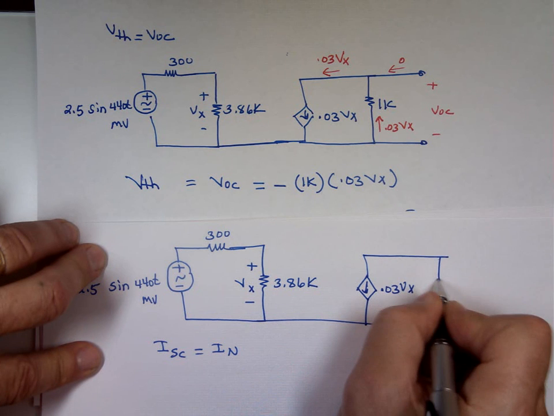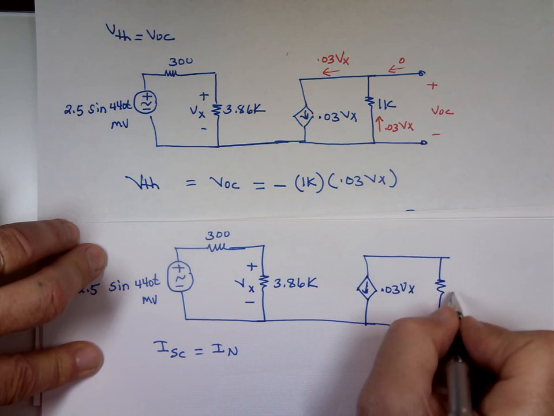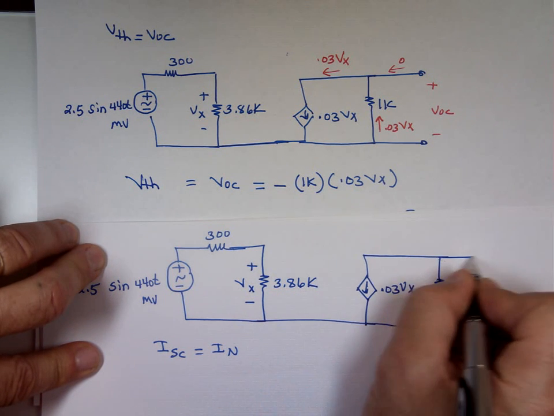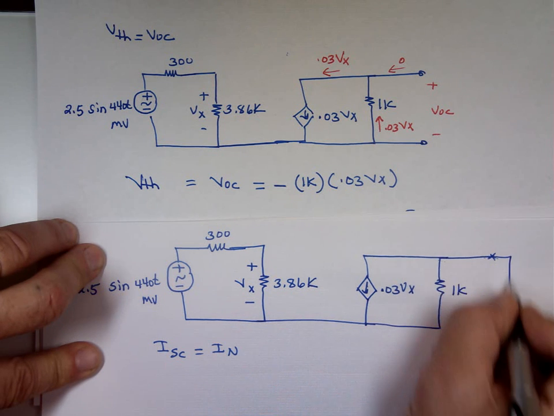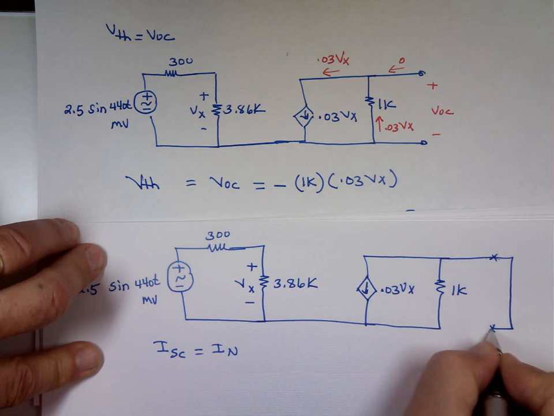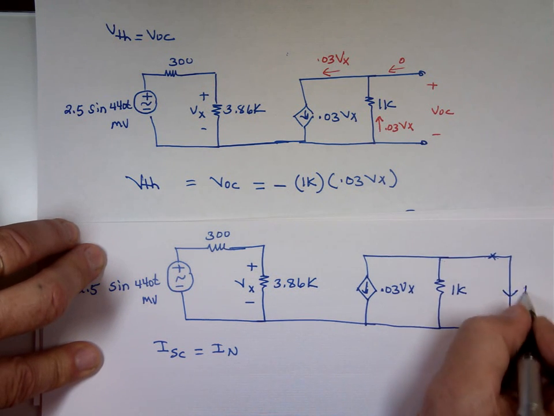This is the 1K. Now what you're going to do is attach a wire right here and find the current coming down through that wire. That's your I short circuit.